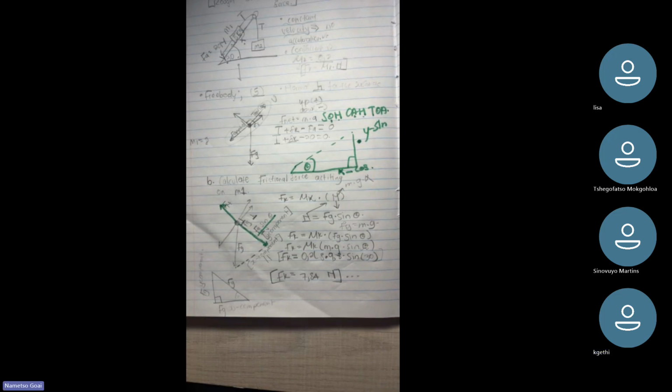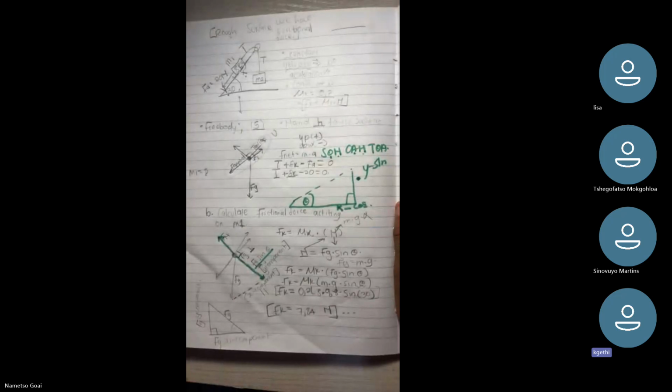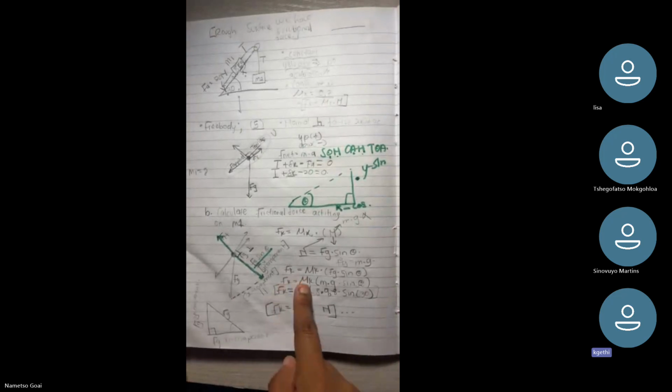While she's noting them down, Sinovuyo, Tsihu, Lisa, do you guys all understand it? Yes, ma'am. Okay, great. Ma'am, can you show the full answer now? From Fk equals mu k, Fk equals mu k. Oh, from this point. At the bottom right, Fg times sine theta.